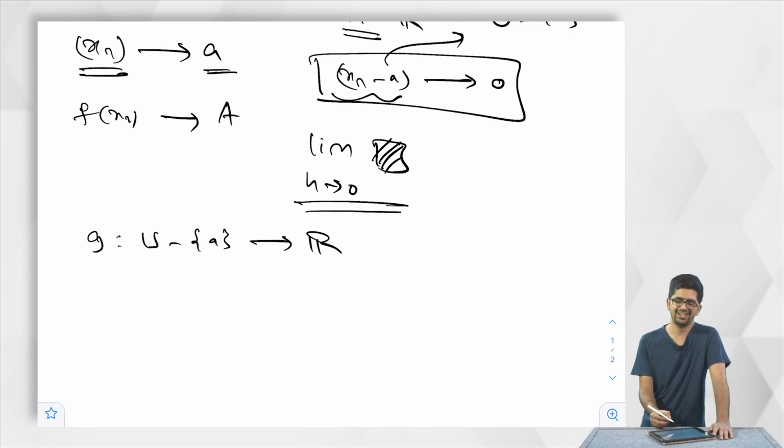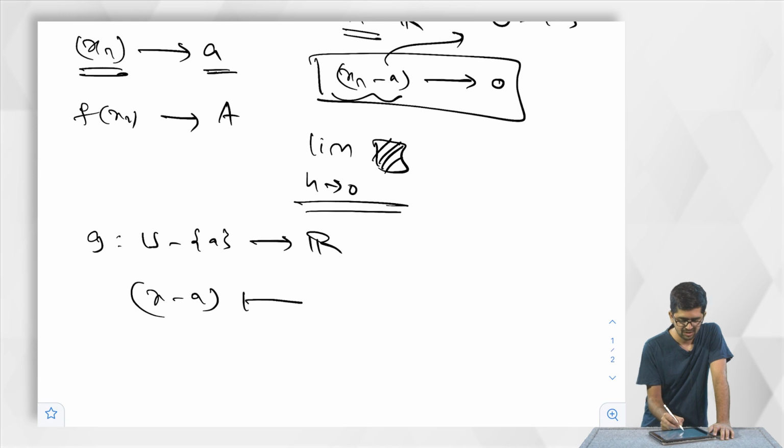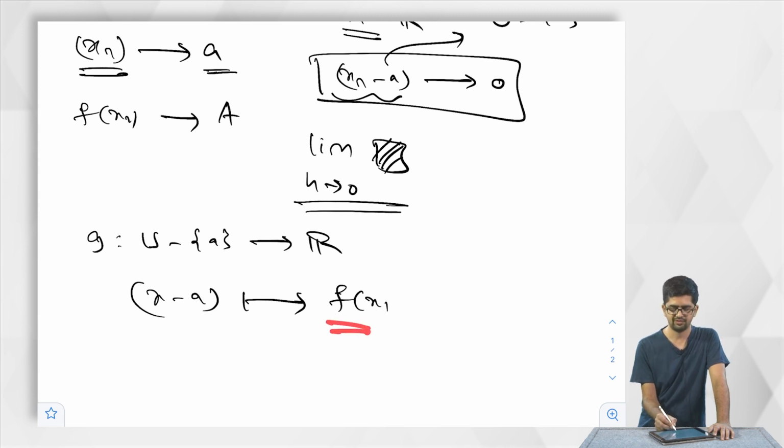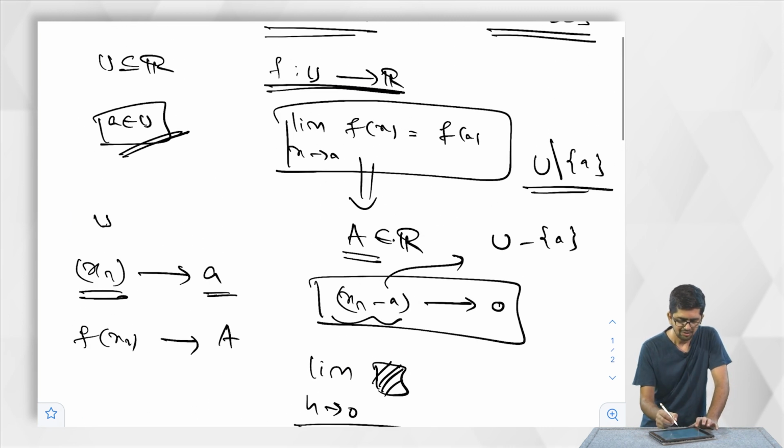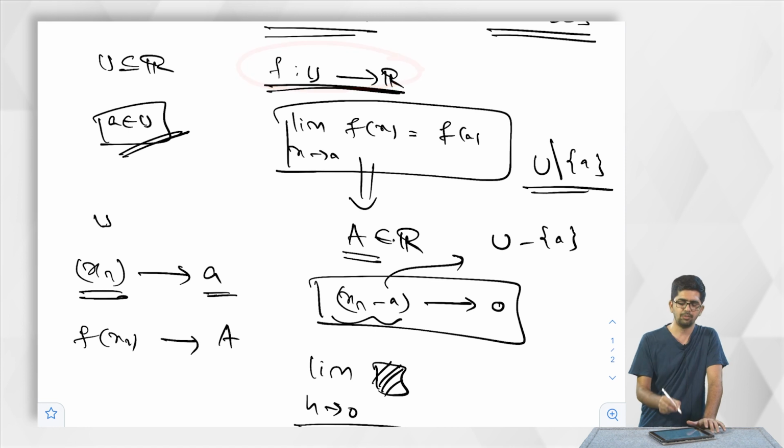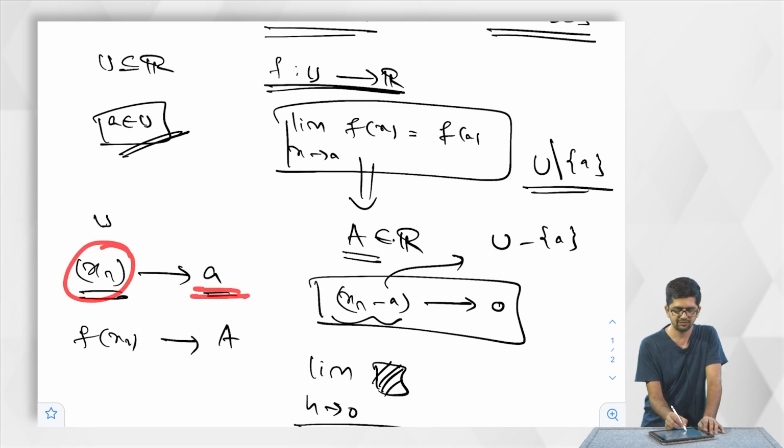How do you think it should be defined? An element in U minus a is of the form x minus a, we are sending it to f of x. See, x belongs to U, so f of x is an element of R, we are just considering this function. So, why are we doing this? For the function f, to talk about limit of f as x goes to a, we have a sequence x_n in U that converges to a.